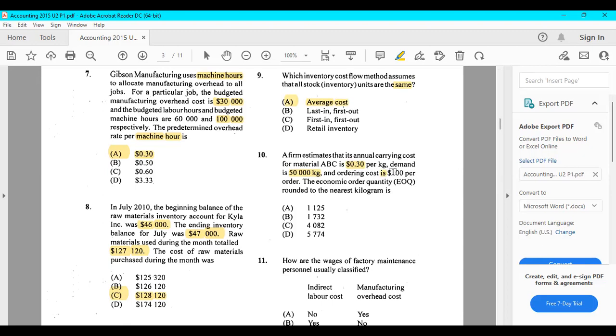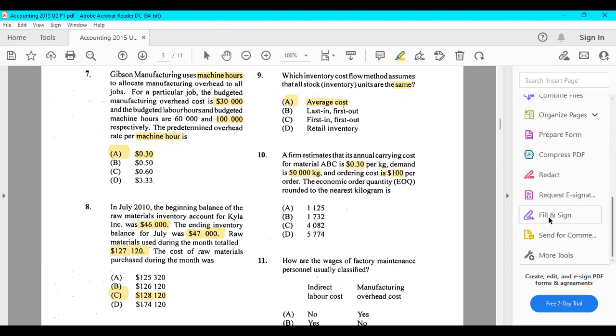The economic order quantity, EOQ, rounded to the nearest kilogram is, so we need to find our EOQ. Cool? What's your EOQ formula? It is the square root of 2 times your demand times your ordering cost divided by your carrying cost. Is it a mouthful? Yeah, kind of.